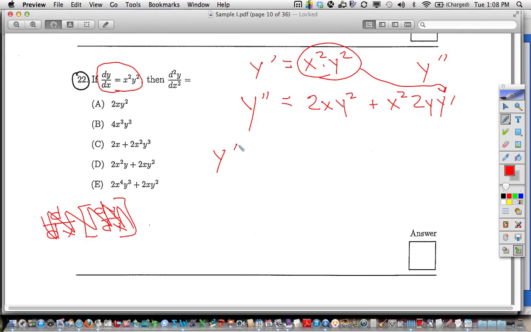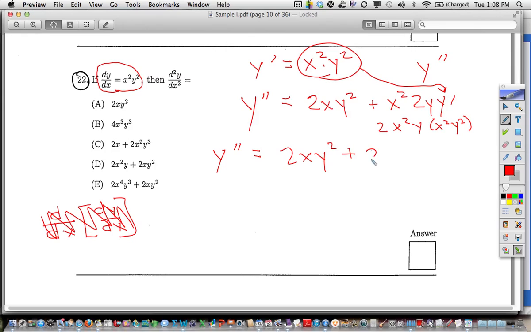So we got y double prime. Anytime you do an implicit differentiation, you have y prime equals something, so when you do the second derivative, you get y double prime. When you do the second derivative, you're going to get a y prime in there as well. You always will have y prime, so you substitute it in. So we get 2xy squared, and then this would be 2x squared y, with an x squared y squared thrown in.